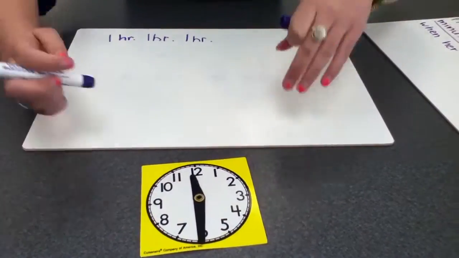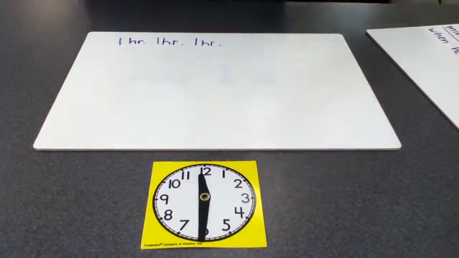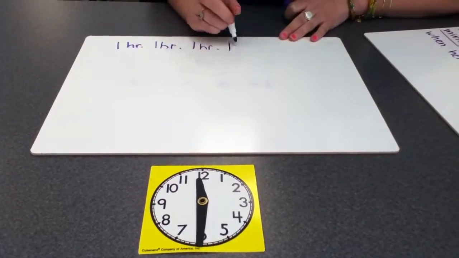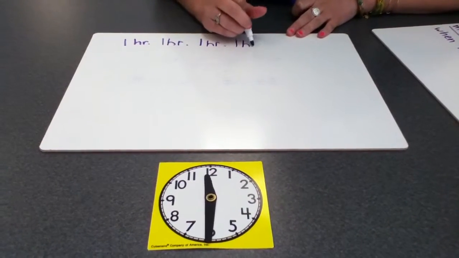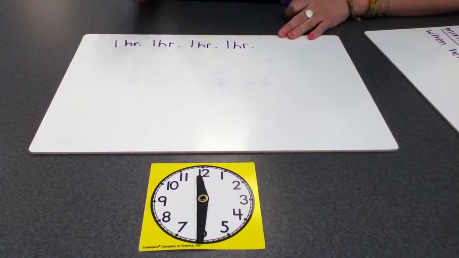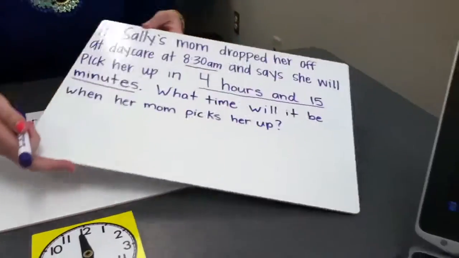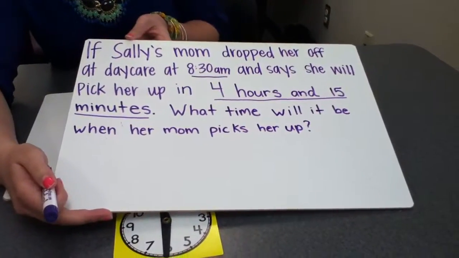And she's officially passed from AM to PM, and that's tricky for kids to understand. But now we've used up all of our hours. So we have 1, 2, 3, 4 hours, and we know from the word problem that she's going to be there for 4 hours and 15 minutes.